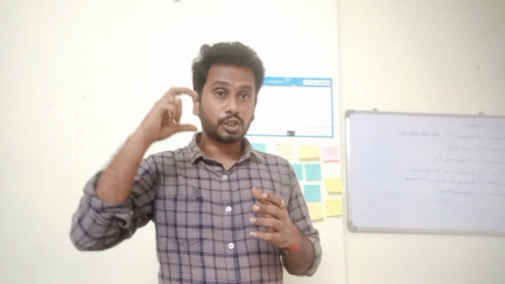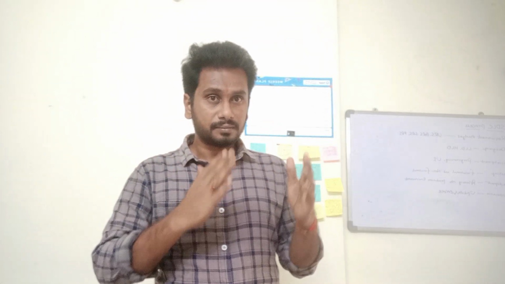Now talking about the user requirement specification. Generally the business people will prepare the URS document based on their expectation from the user's point of view. So they will take the end user's point of view and prepare the requirement. This requirement is known as the user requirement specification.